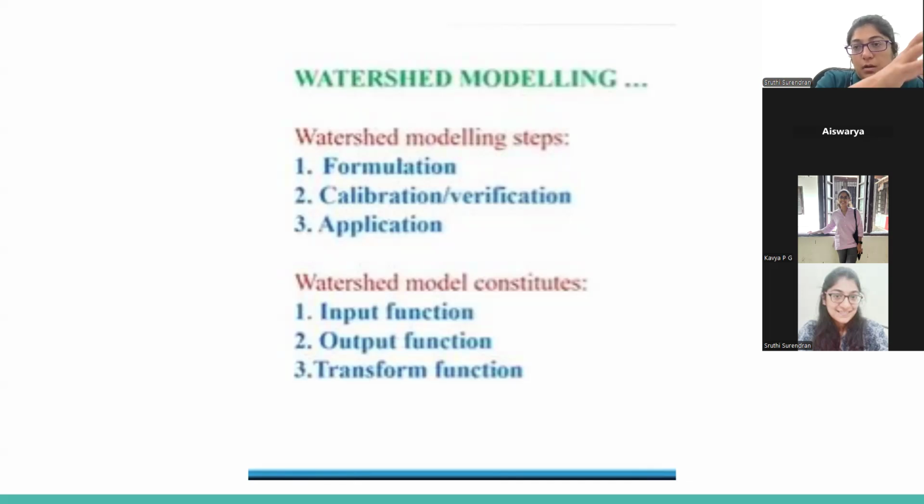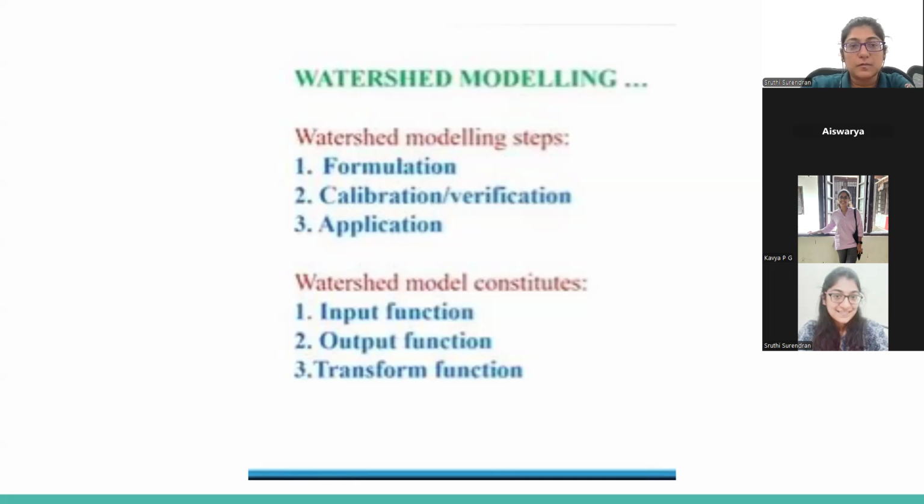How is the hydrological process or water changing from the input form to the output form? What are the equations involved in that? So these are the three main constituents of the watershed model: input function, output function, and the transform function that is responsible for the input to become the output.